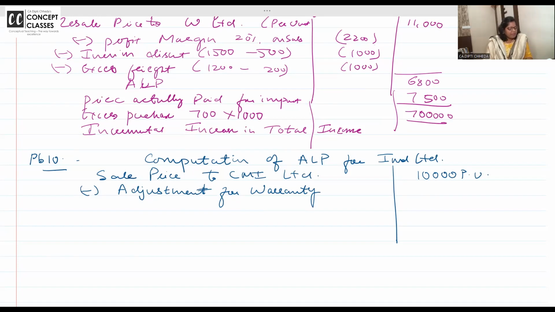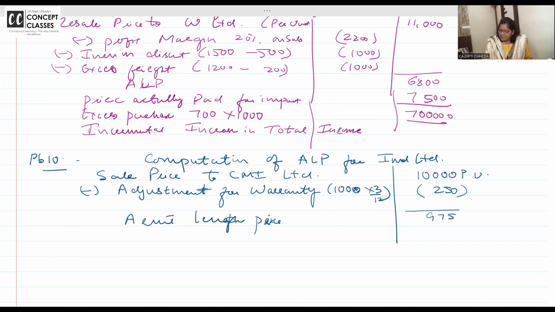They are giving the others warranty. 1,000 per annum is the warranty, and there is warranty for 3 months. So that will come to 250 rupees. Yes, 3 by 12 is 1/4 and so on. Right. So what is the arm's length price? 9,750.